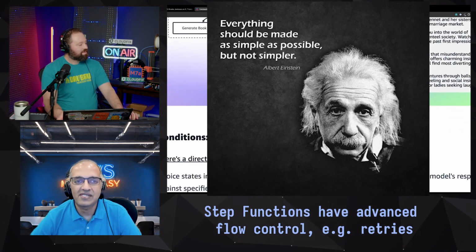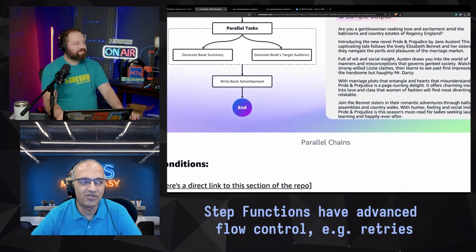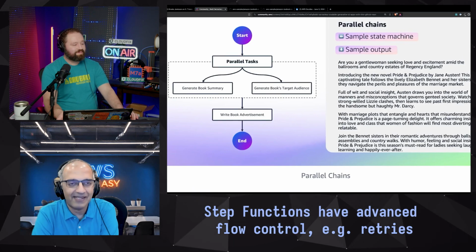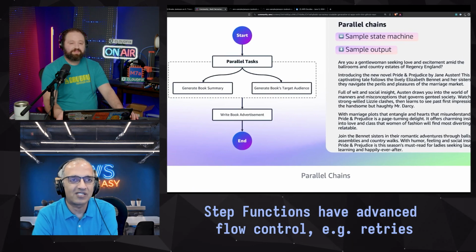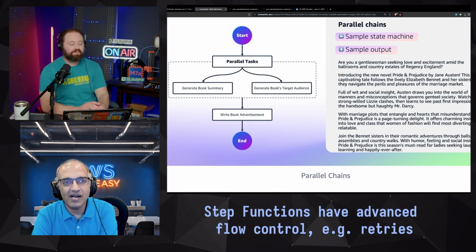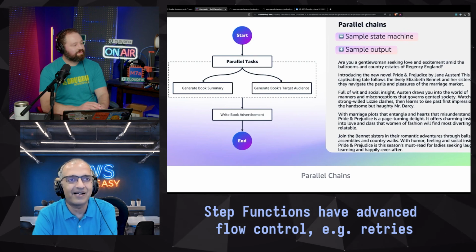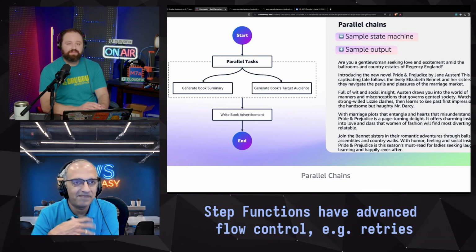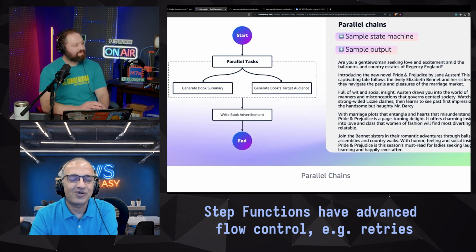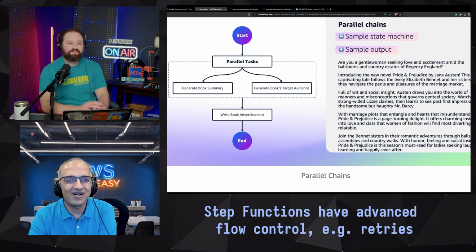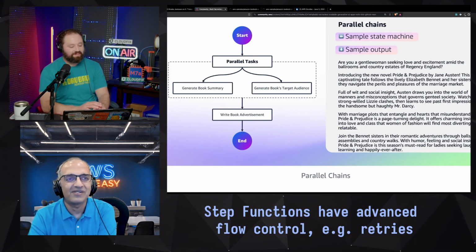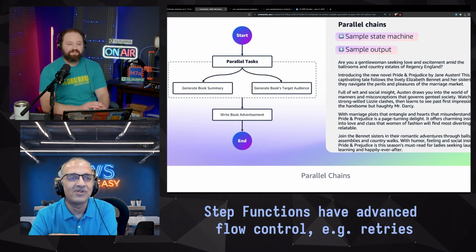Correct. And the beauty of this is that you could actually scale your solution really, really well. So, for example, if all of a sudden you had, let's say, 1,000 users want to use your system or 1,000 different invocations all at the same time, it would be really hard to build a solution with LangChain to scale that up, to do 1,000 parallel sessions, right? But with Step Functions, you can literally wait till the user count goes down to a certain point before you trigger the next step to say, okay, I want to now execute my chain.